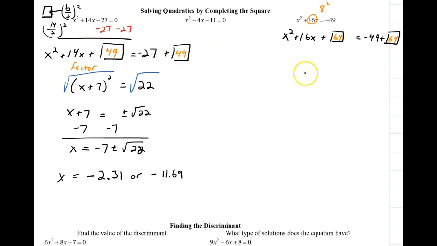So now we want to factor the left side, write it as a binomial. So x plus 8 squared is going to equal 15. And so we square root both sides.